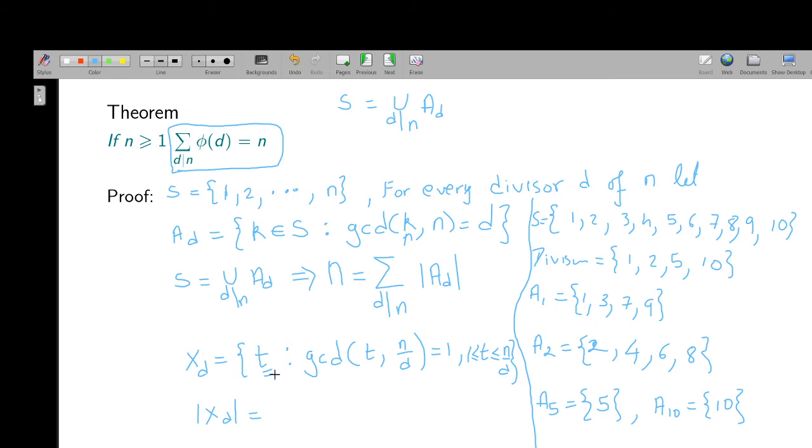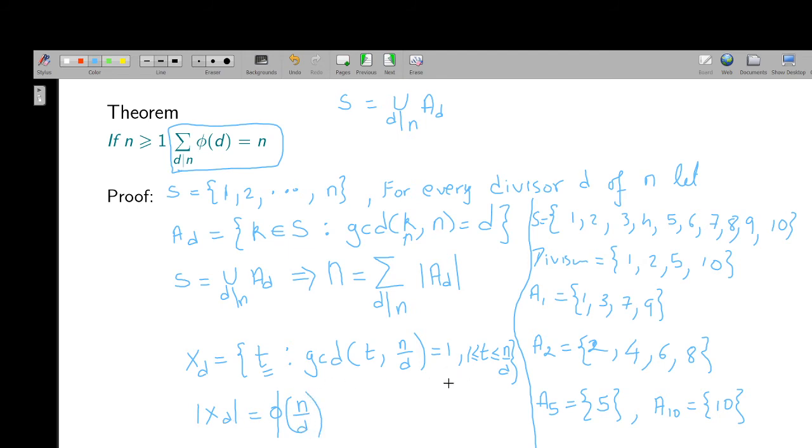It's a set of all those integers which are less than N by D and relatively prime to N by D. There's a notation we have for this. What is it?